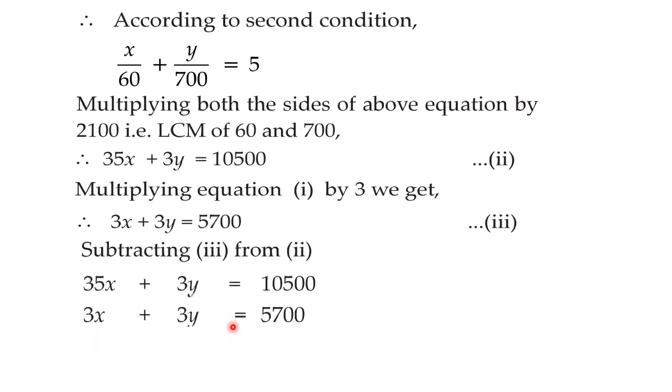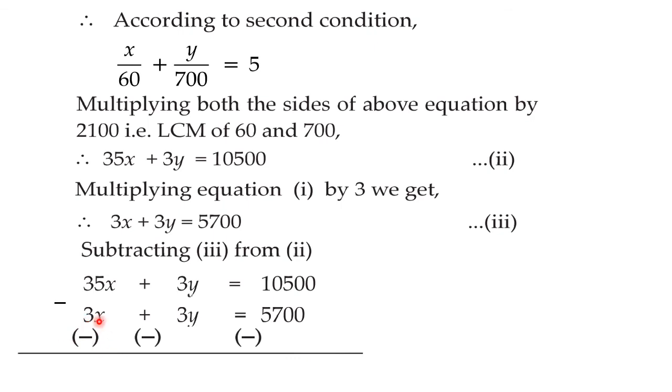Equation 2, 35x plus 3y is equal to 10,500, and equation 3, 3x plus 3y is equal to 5,700. Write down the minus sign here to show that you are doing subtraction. And you know that when you subtract, you have to change the sign of each and every term of the second equation. So change the signs.